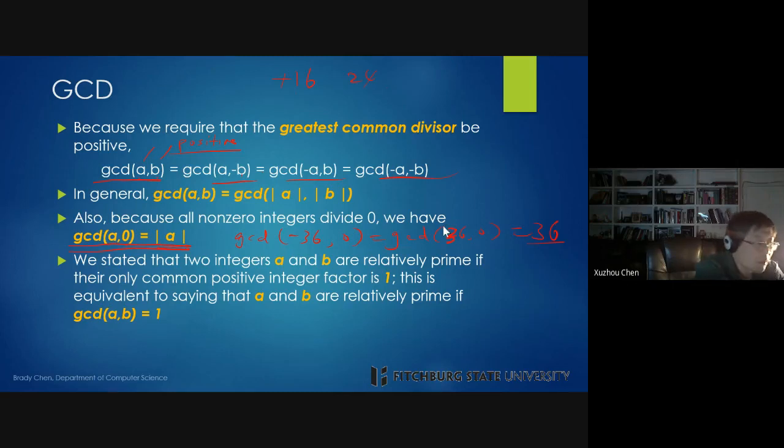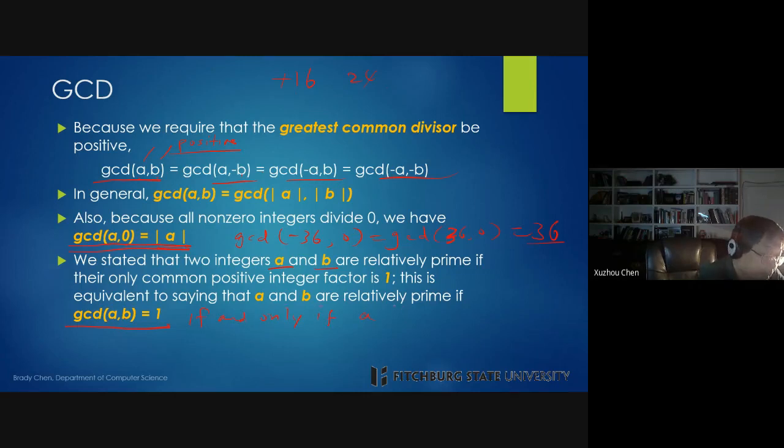And also we notice that two integers a and b are relatively prime if and only if the greatest common divisor between these two numbers is 1.